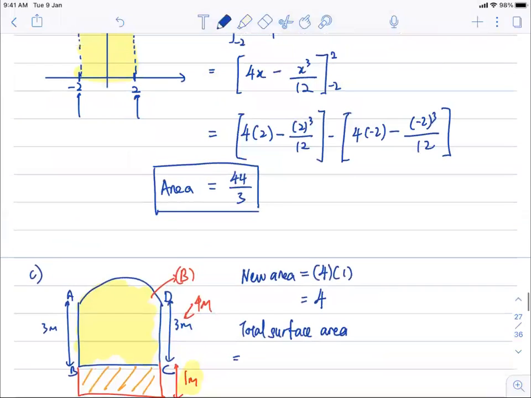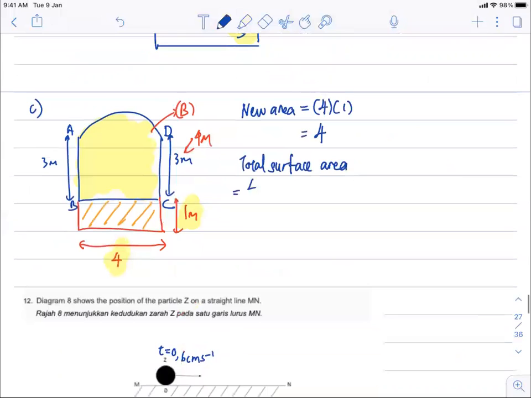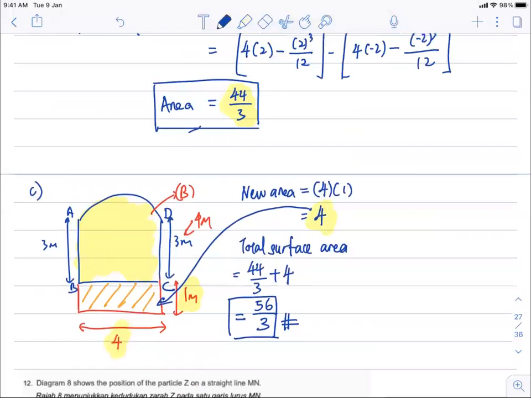We add in the area from the previous part, 44 over 3. 44 over 3, add 4. The 4 is from here. Then the answer would be 56 over 3. It's the final answer. So this area is from this part, and this area is for this part.